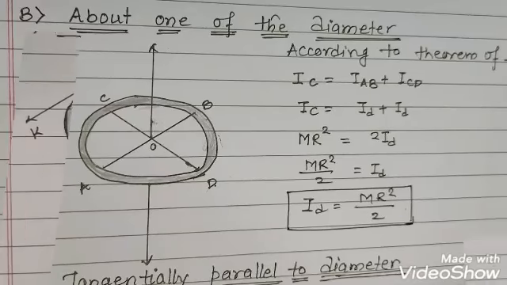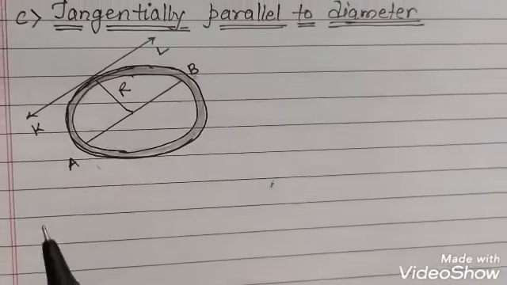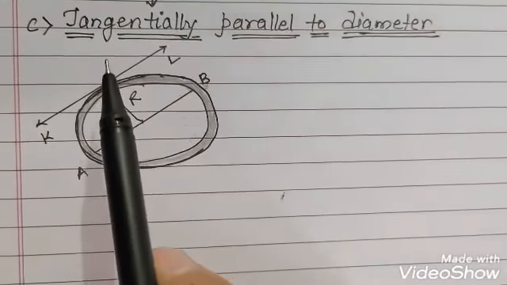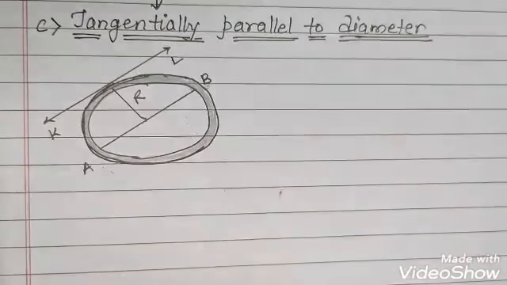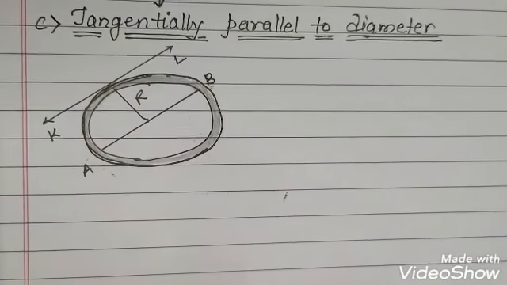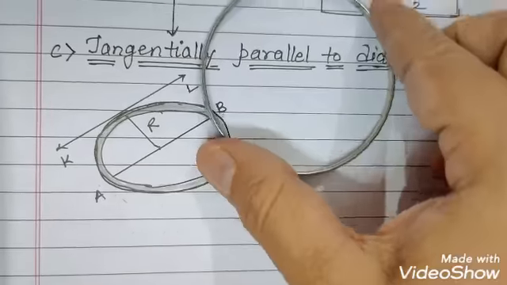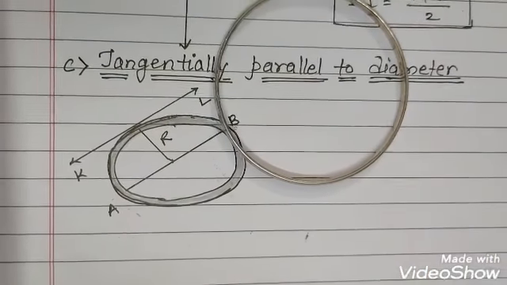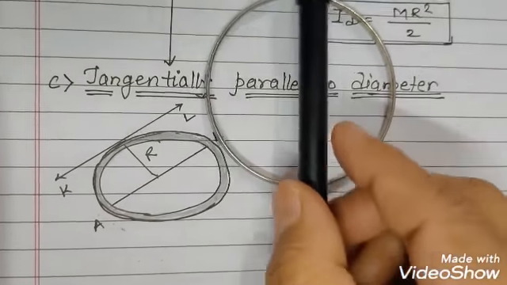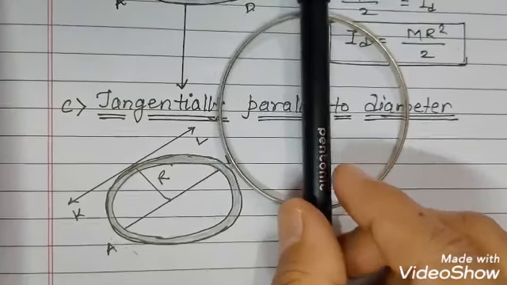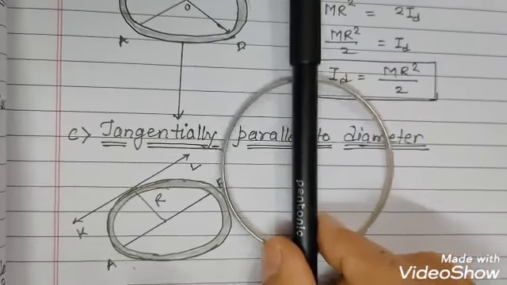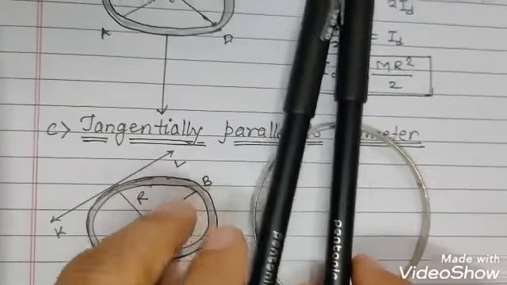Now we'll see the moment of inertia of the circular ring tangentially, parallel to the diameter. For this you will see here, this is a ring, okay, and if this is a diameter, this point is the tangent.